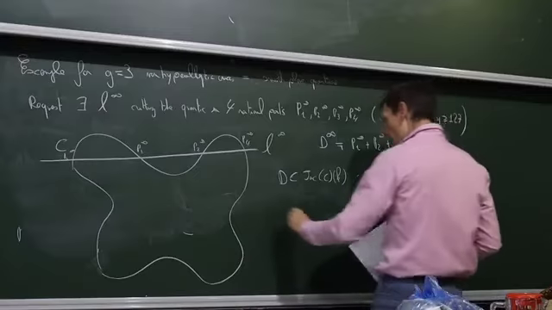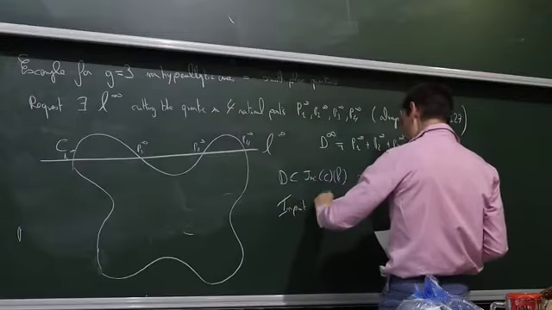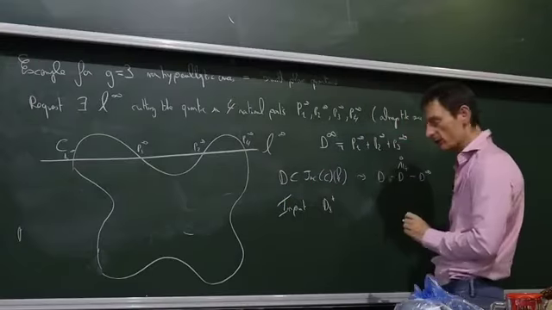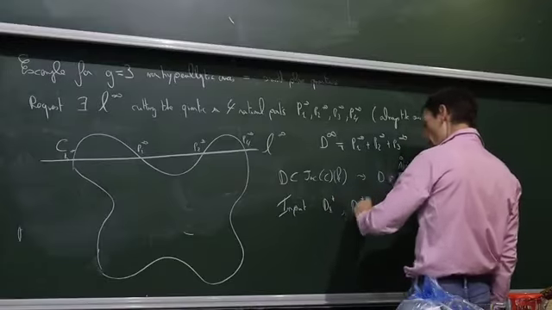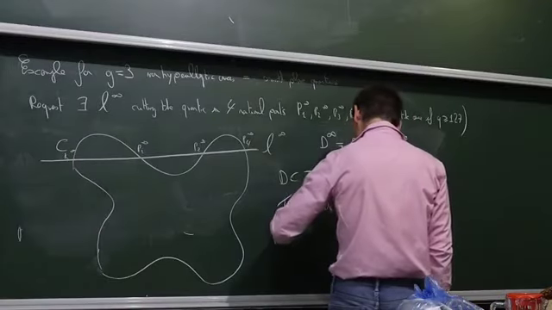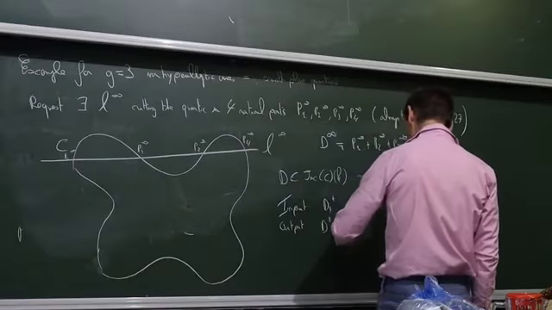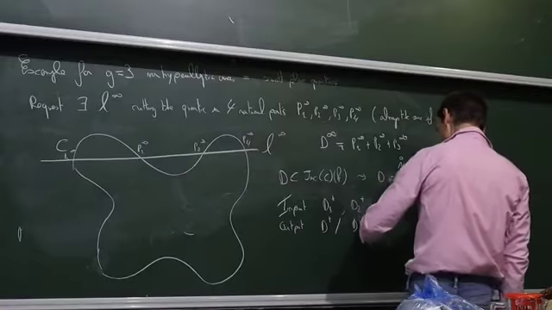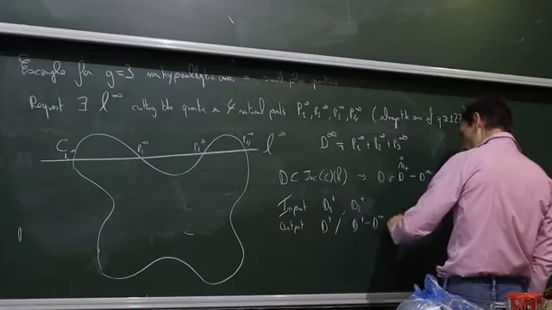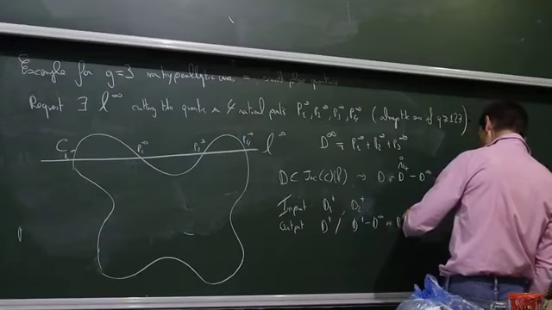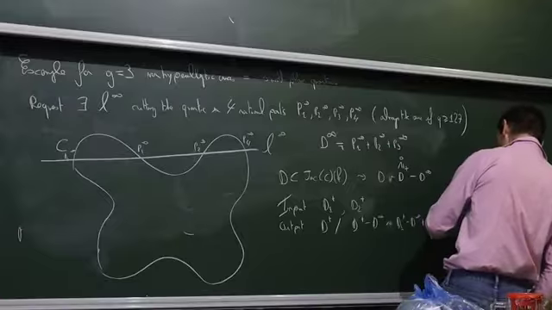And now the game: my inputs are two effective divisors of degree 3, D1 plus and D2 plus, and the output would be a divisor D plus such that D plus minus D infinity is D1 plus minus D infinity plus D2 plus minus D infinity.